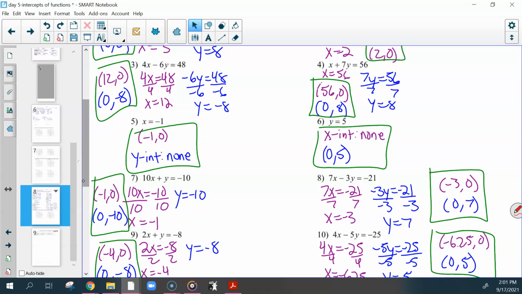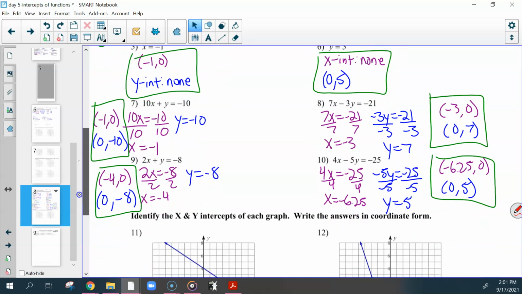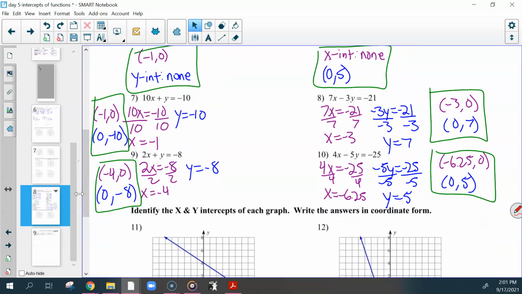Number 3, the x-intercept was 12, y-intercept was -8. 4, the x-intercept was 56, y-intercept was 8. 7, the x-intercept was -1, y-intercept was -10. 8, the x-intercept was -3, y-intercept was 7. 9, the x-intercept was -4, y-intercept was -8.